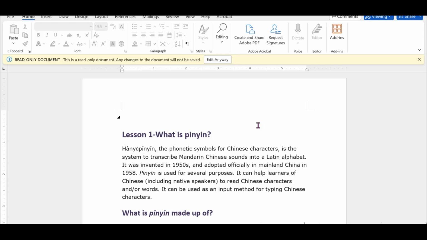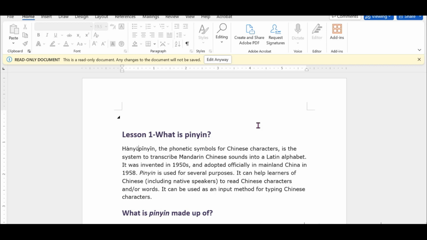Pinyin is the phonetic symbols for Chinese characters, a system that we use to transcribe Mandarin Chinese sounds into a Latin alphabet. Back in the day, Chinese people did not have letters that they used to read the characters or to type. In the 1950s, it was invented and adopted officially in mainland China in 1958.